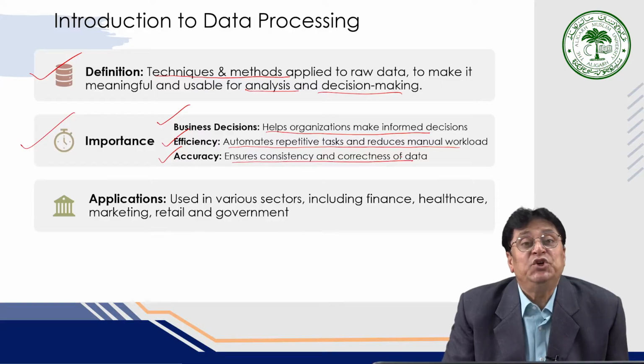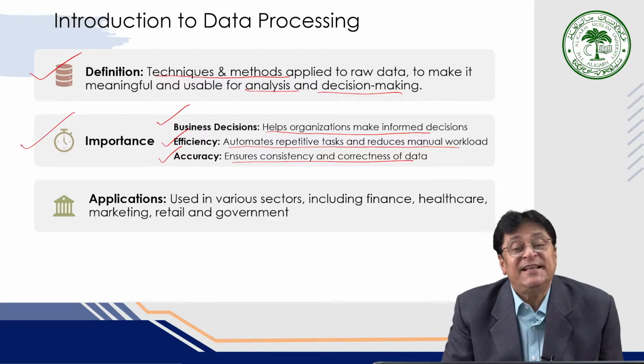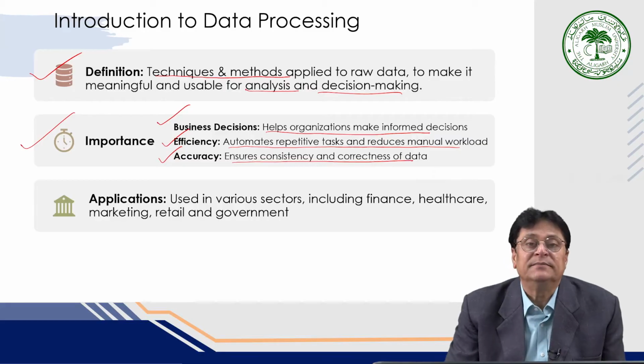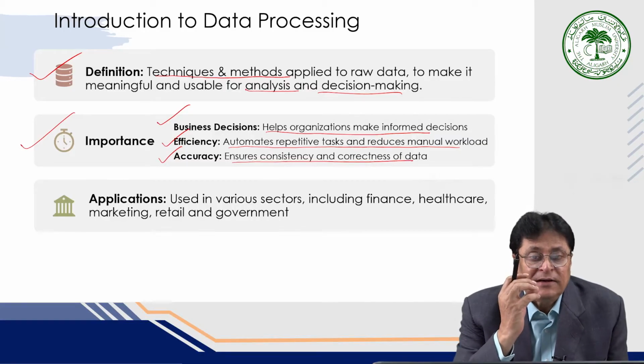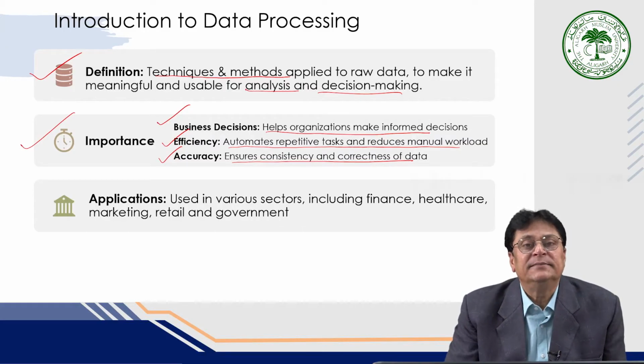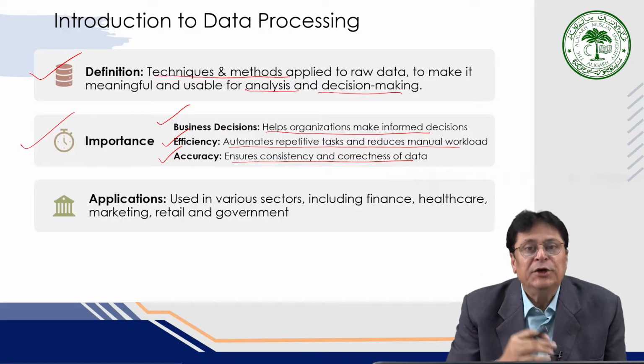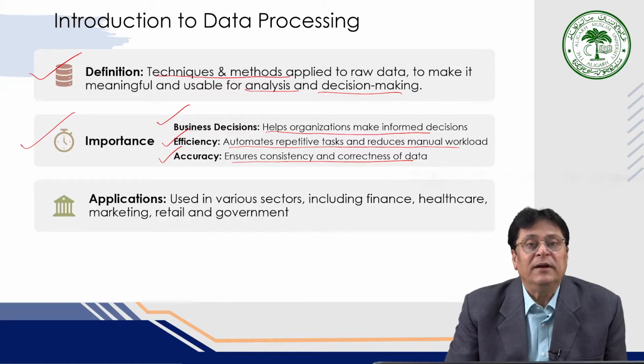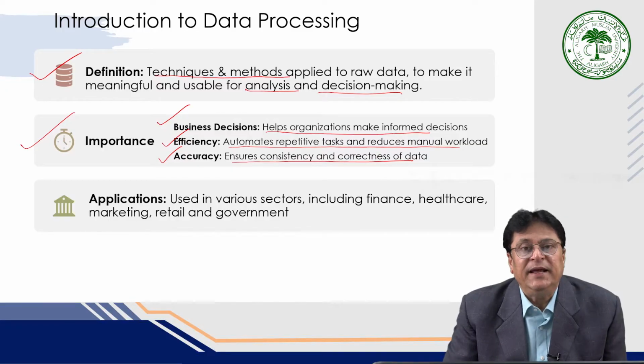Data processing ensures consistency as well as correctness of data. If we have consistent and correct data, and if it is processed into meaningful information, certainly the decision making would be right.